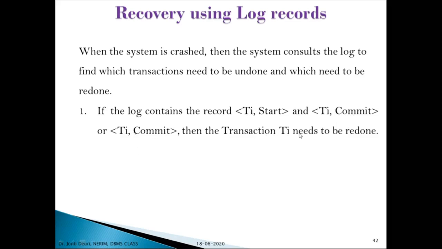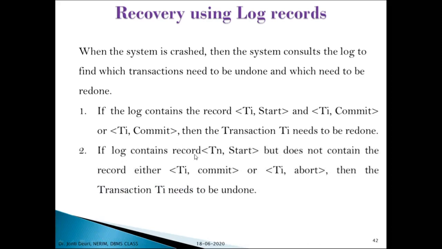The transaction TI needs to be redone. So how do we decide when to redo and when to undo? In our log records, if we get start and commit together, or only commit, then we do the redo, right?